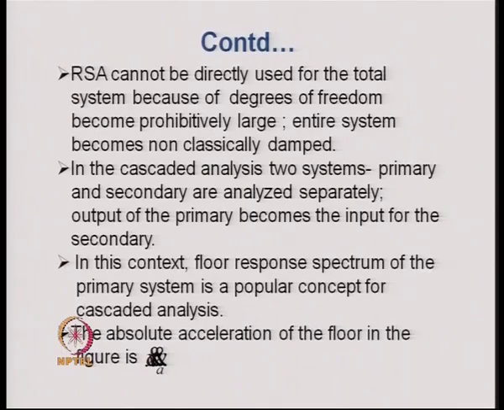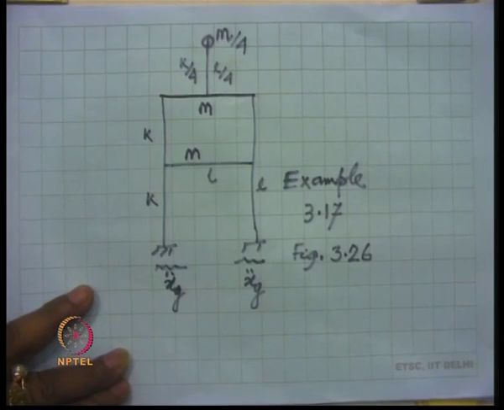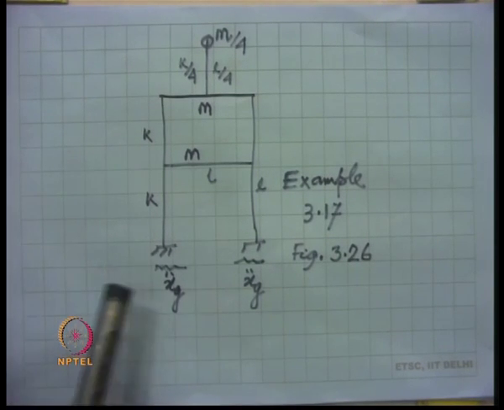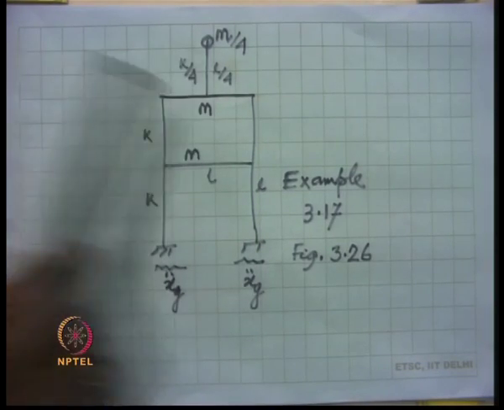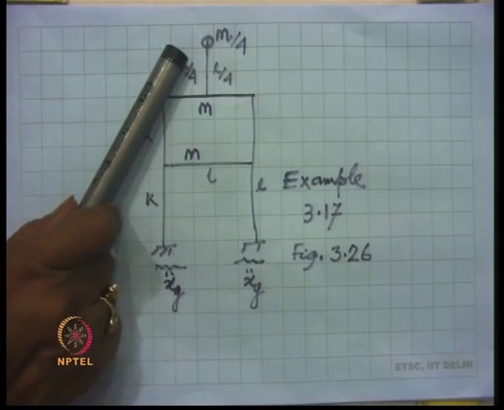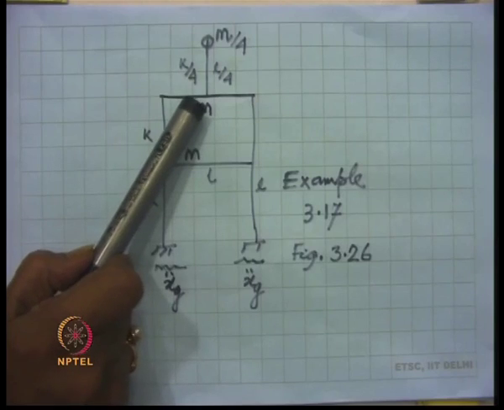An example problem is solved here to illustrate the use of the response spectrum method of analysis for a secondary system. This is a building frame. In this building frame, we have a secondary system. The secondary system has a mass m/4 and a length L/4.